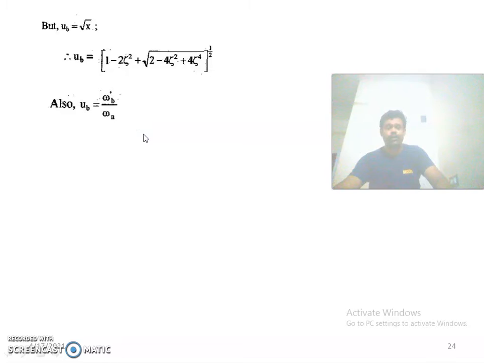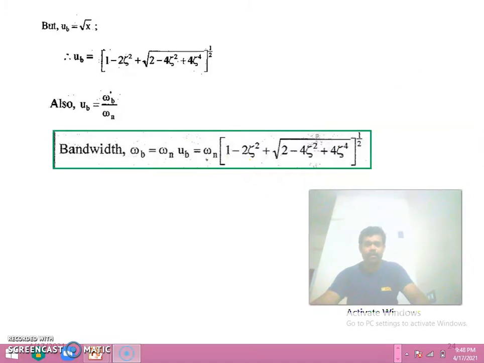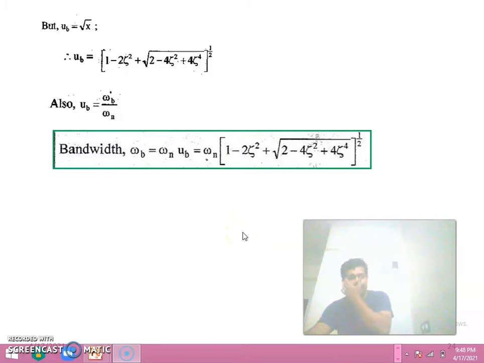But what is ub? Ub is nothing but omega b divided by omega n. So omega b is equal to omega n into square root of 1 minus 2 zeta square plus square root of 2 minus 4 zeta square plus 4 zeta to the power 4. So this is nothing but the expression of bandwidth.